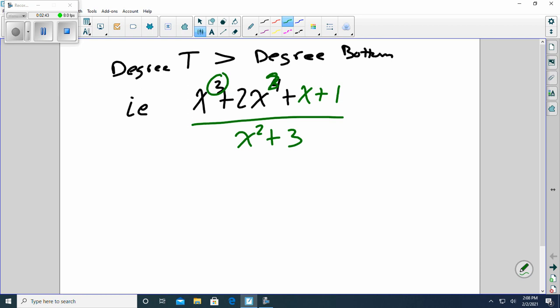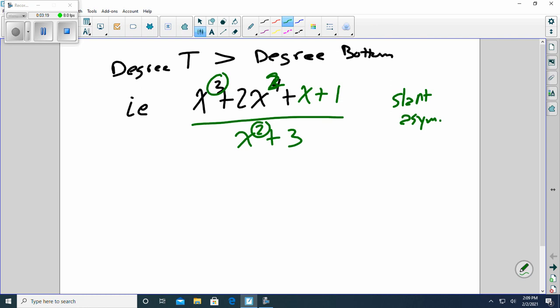This degree here is bigger than this degree. So however my highest exponent is on top, being bigger than on bottom, this is going to have something called a slant asymptote. Okay? And a slant asymptote deals with what shape my graph is following as I go way out towards infinity. Okay? And in order to find the slant asymptote, you're going to have to use long division.